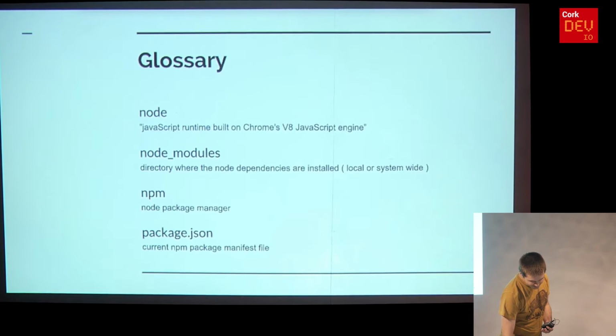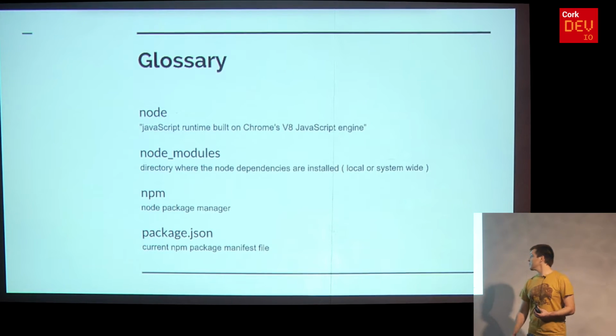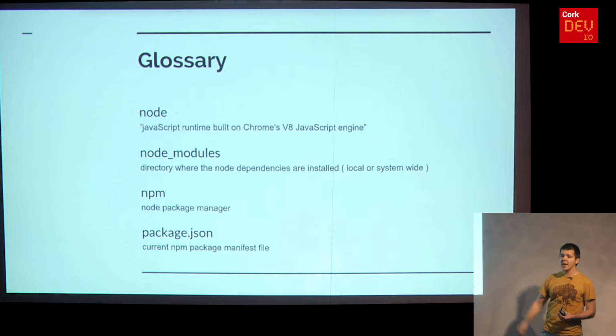Let's go to the concepts. So Node, I already talked about that. I could go deep into the event loop and all of those things about Node and JavaScript in general, but I'm not gonna do it today because I just want to keep this as simple as I can.